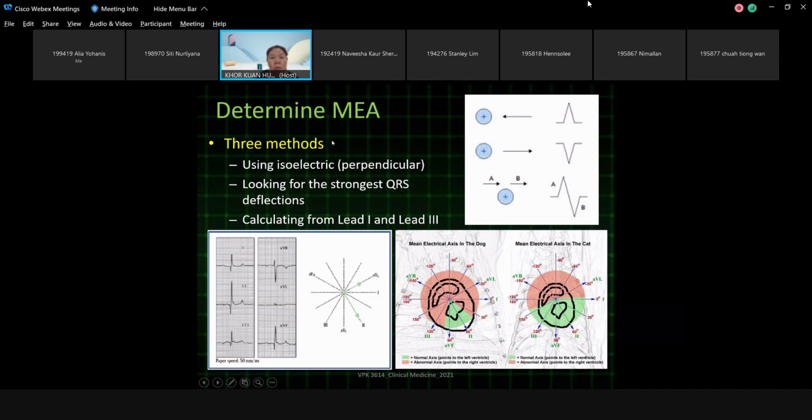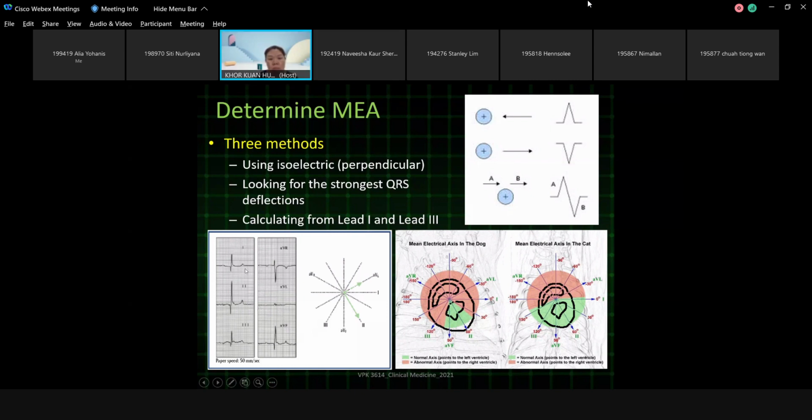When we calculate mean electrical axis, there are actually three methods. One is the isoelectric method, meaning which one is perpendicular. If you look at lead 1, lead 2, lead 3, AVR, AVL, AVF, which one is the quietest, no up, no down, isoelectric?